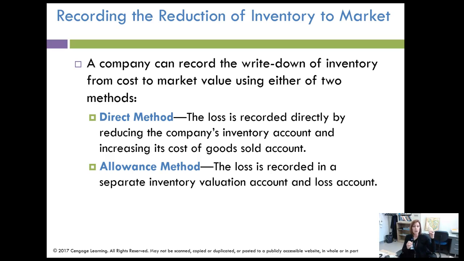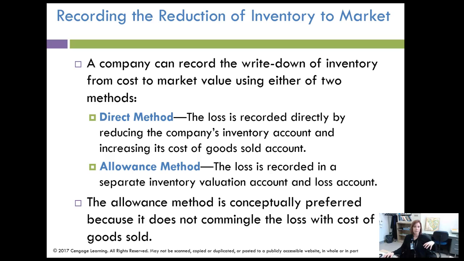And if we're going to use the allowance method, we're going to have a separate allowance account that's going to be a contra account. And your slide says here, the allowance method is preferable because it very clearly sets out, because it's a contra account and therefore its own line item, how much we've written down our inventory.